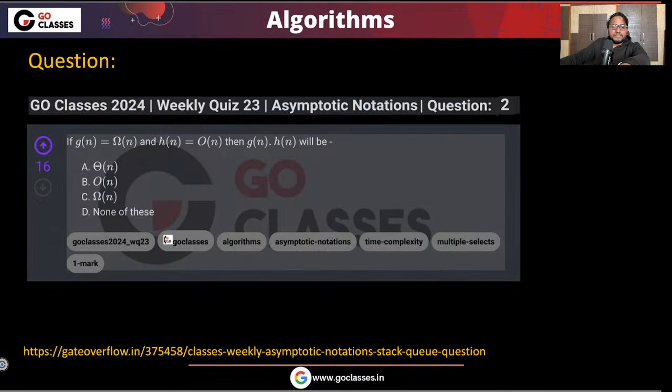Now let's see this question, which I have taken from our weekly quiz 23. This is big omega, and this is big O, right? Let's suppose Gn is something like this, Hn is something like this, then Hn into Gn. What does this say?